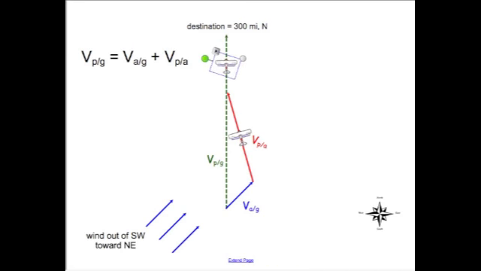So therefore, we actually aim ourselves a little bit into the wind, and that a little bit into the wind is our 11 degrees. So this angle from north is our 11 degrees. Heading is 11 degrees west of north.